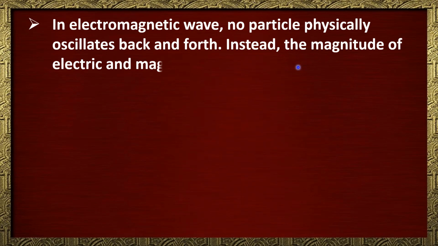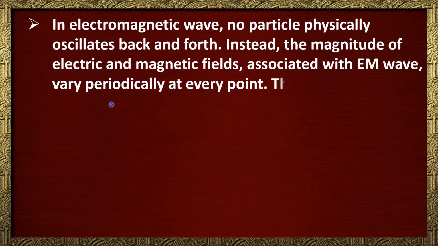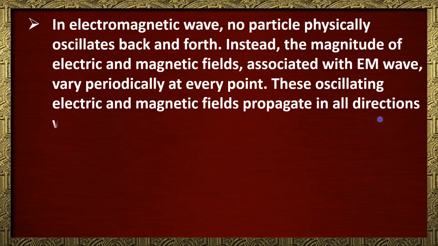Instead, the magnitude of electric and magnetic fields associated with the electromagnetic wave vary periodically at every point, and these oscillating electric and magnetic fields propagate in all directions with the speed of light.